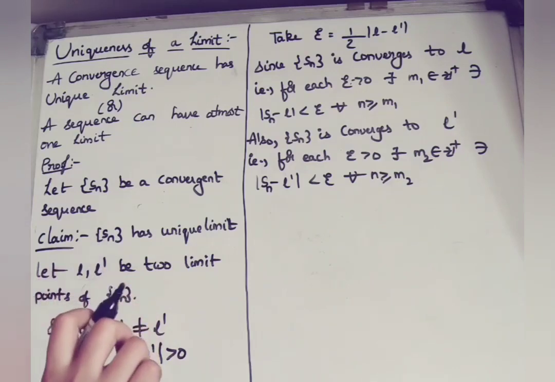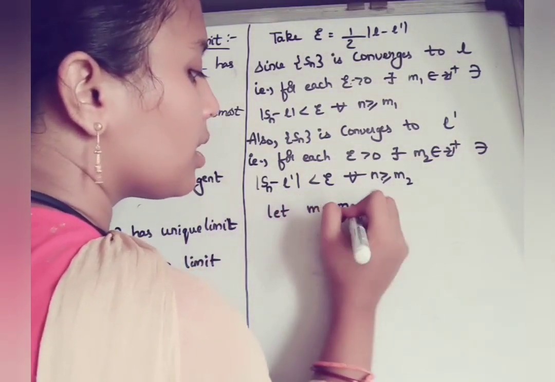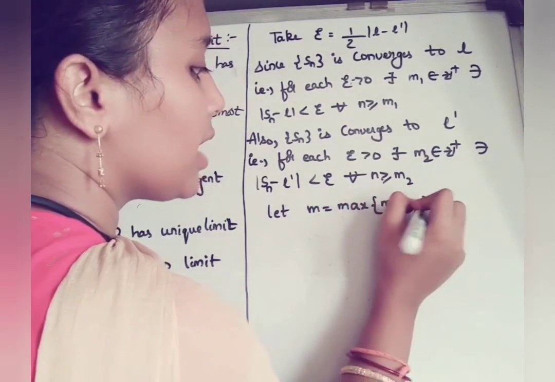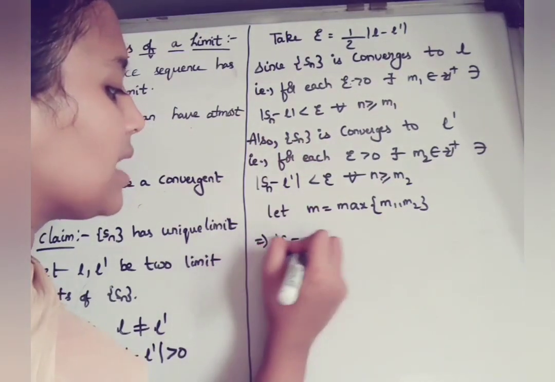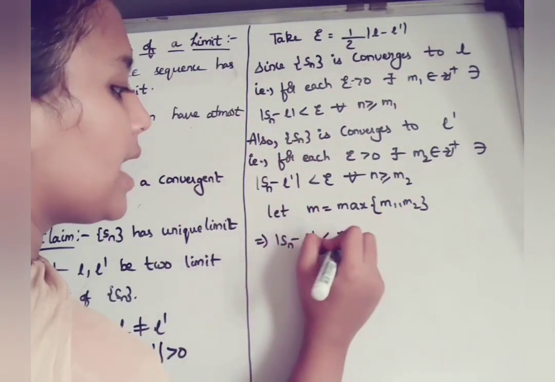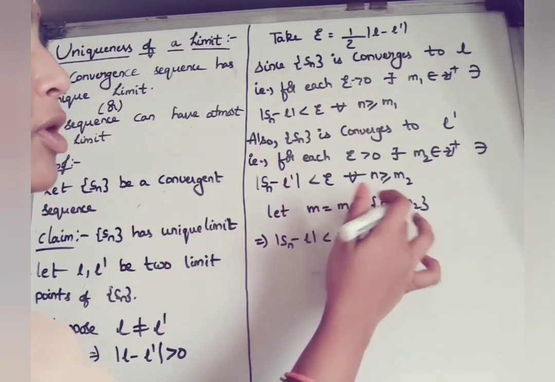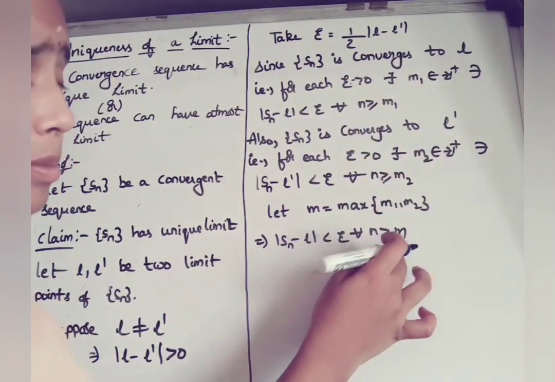So we can write, if I consider m equal to the maximum of m1 and m2, then mod Sn minus L less than epsilon for all n greater than or equal to m. M is the maximum of m1 and m2, so in place of m1 we can write m.